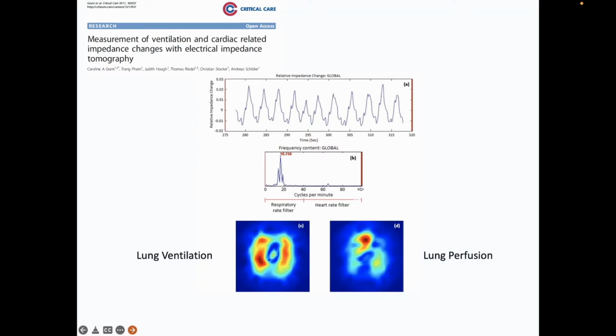And you can see the lung perfusion on the right-hand side. And the big red thing in the anterior part of the chest is the heart, because the heart is the big contractile element inside the chest that you can actually see the heart beating in there.